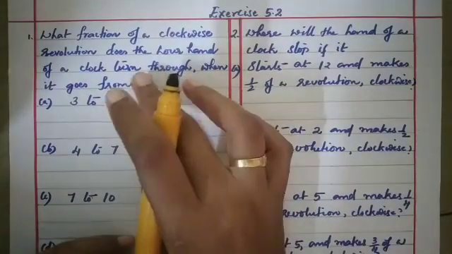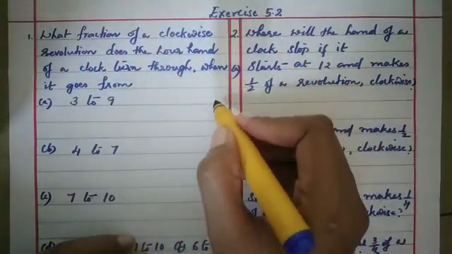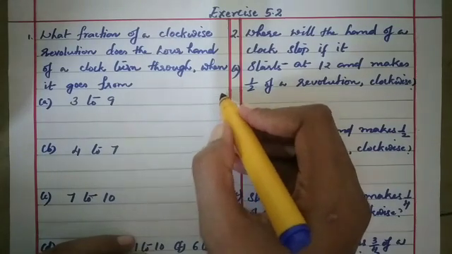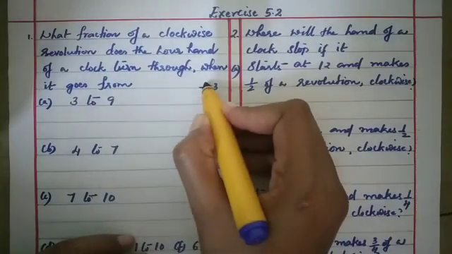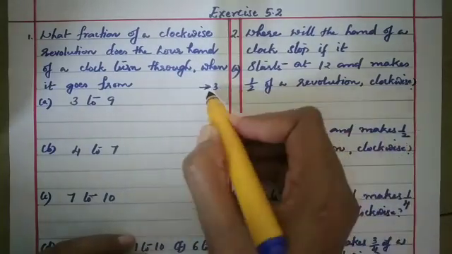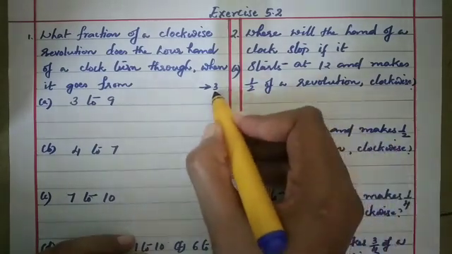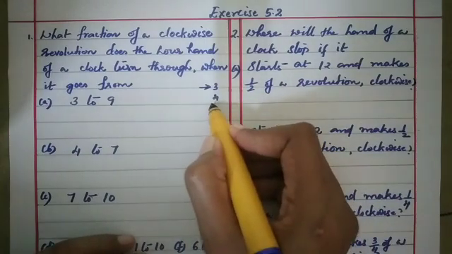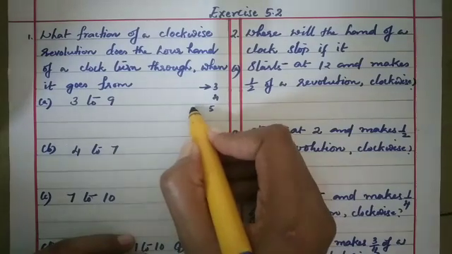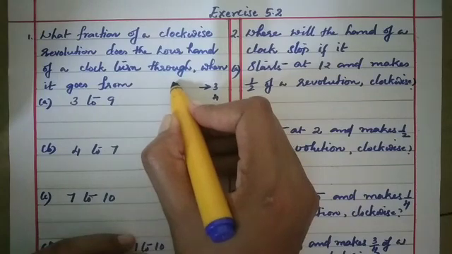So the hour hand faces 3. Then next 4, then 5, then 6, then 7, 8 and 9.